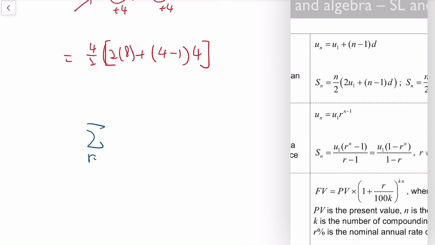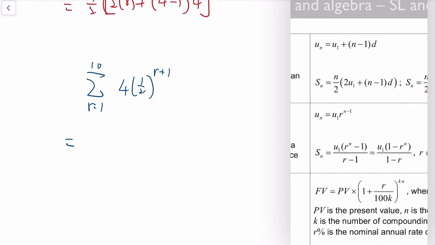It will be something like, from 1, then 4 times half to the power of r plus 1, and then up to 10. If you can see it, this is an example of geometric, but it's fine if you cannot. You can just list out the first 3 terms to see what type of sequence it is.